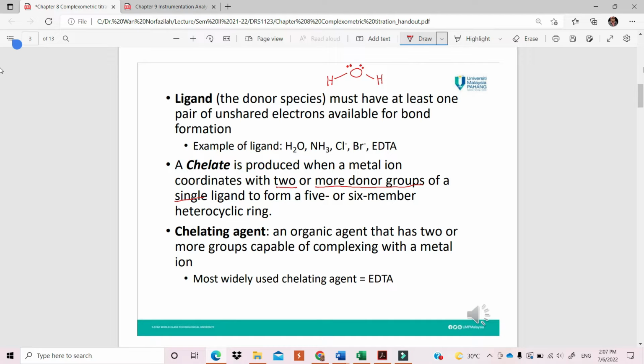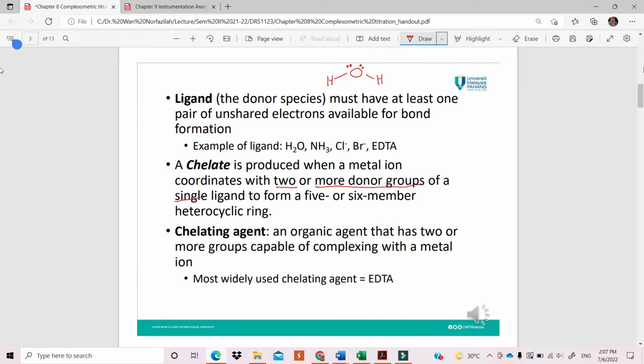This chelate is formed when a metal ion coordinates with two or more donor groups. For example, EDTA has many donor groups. EDTA has 6 donor groups, and these two or more donor groups must come from a single ligand.